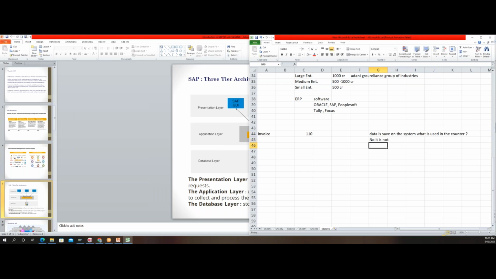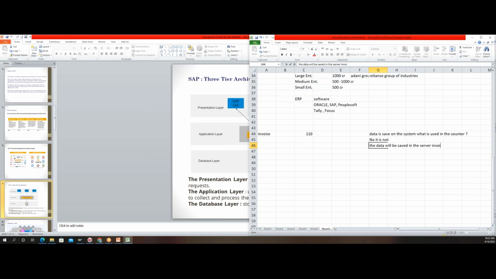So the answer is no. Data is not saved in the systems used at the counter. All right. Now, where is the data saved? Data will go and be saved in the server. Now, what is the data which will be saved in the server?